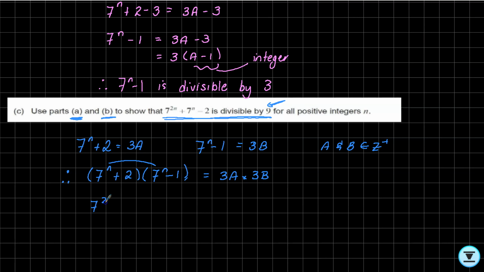That is 7 to the 2n. 7 to the n times minus 1 is minus 7 to the n. 2 times 7 to the n is 2 lots of 7 to the n. Take 2, this equals 9ab. And remember, a and b are both integers. So therefore, we've got 7 to the 2n plus 7 to the n take 2 equals 9ab.